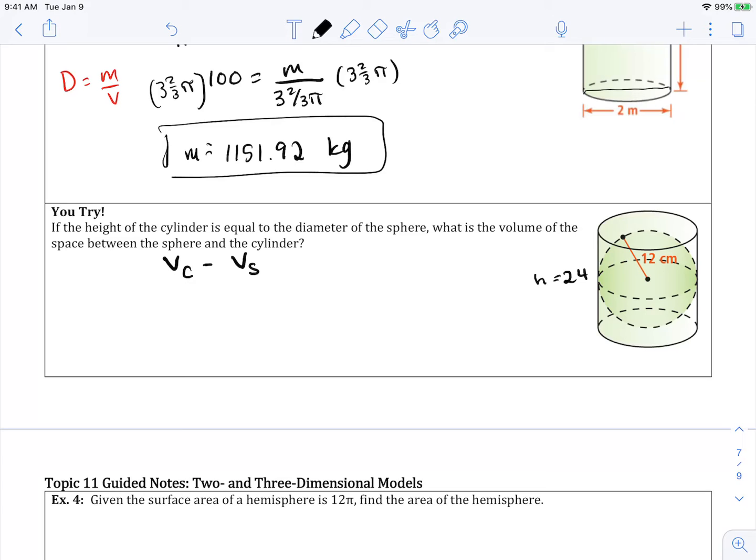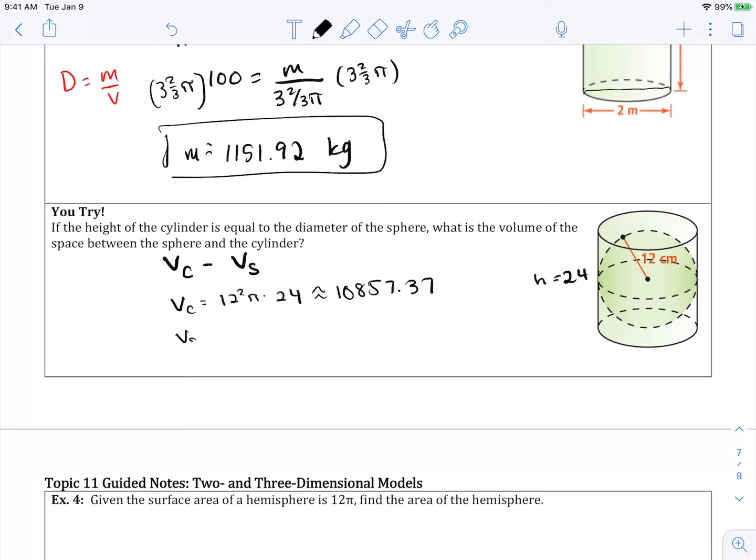Well, to get this one, like I said, you want to find the volume of the cylinder minus the volume of the sphere. So for the volume of the cylinder, it's the area of the base, so 12 squared pi, times the height, so times 24, right? Which is about 10,857.34.